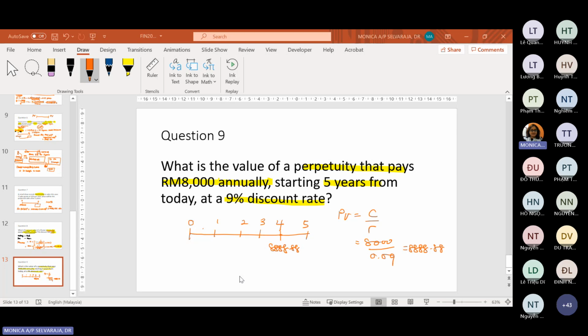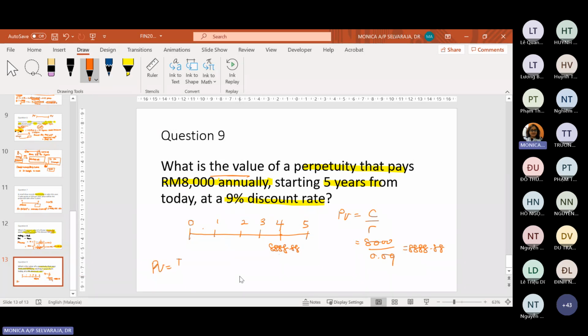So this amount is at the 4th year, because when you calculate this, you get the value at the 4th year. So now I want to calculate what's the value today. So I bring this back to the present.